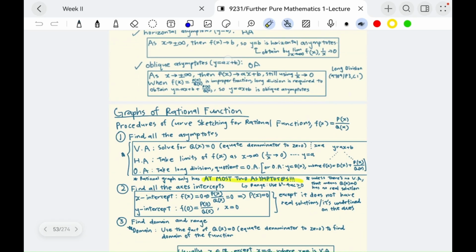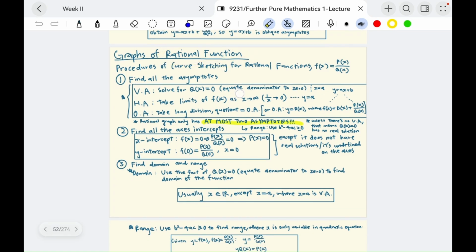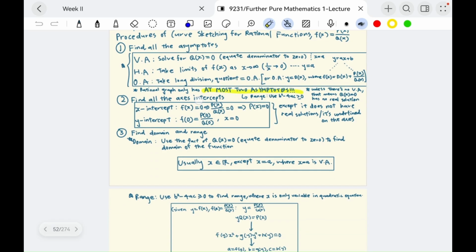So let me repeat the procedures regarding curve sketching of the RF. Okay? First, find all the asymptotes, but remember the fact that an RF has two asymptotes at most. Second, find all the intersections: x equals 0 to find the y-intercept, y equals 0 to find the x-intercept.